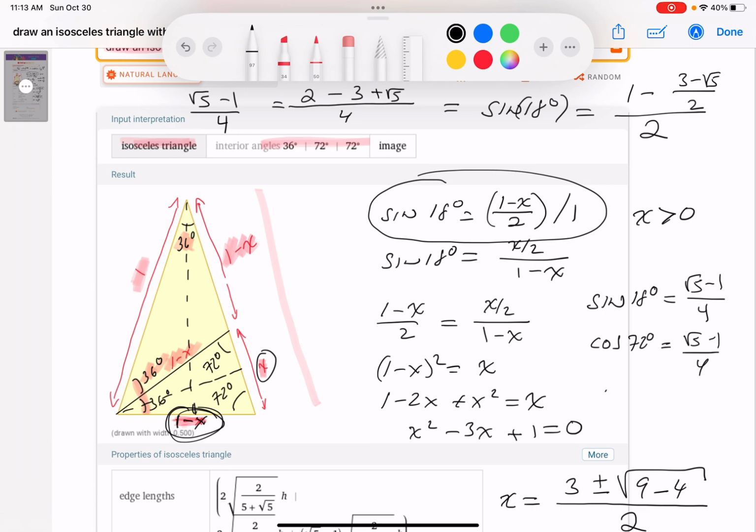I think I'm also prepared to write down the sine of 72 degrees. And the cosine of 70. Oh, I already did cosine. What am I saying? Get that eraser out. And the cosine of 18 degrees. I'm sorry about that.